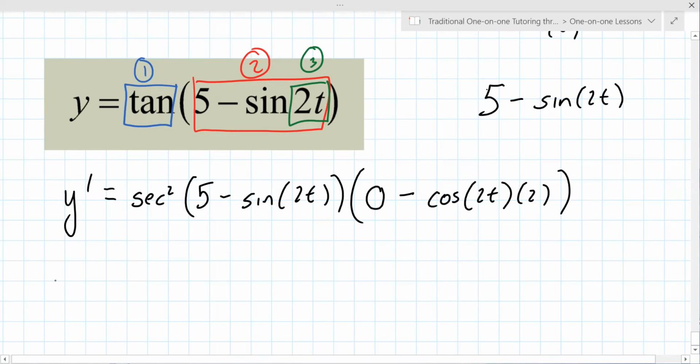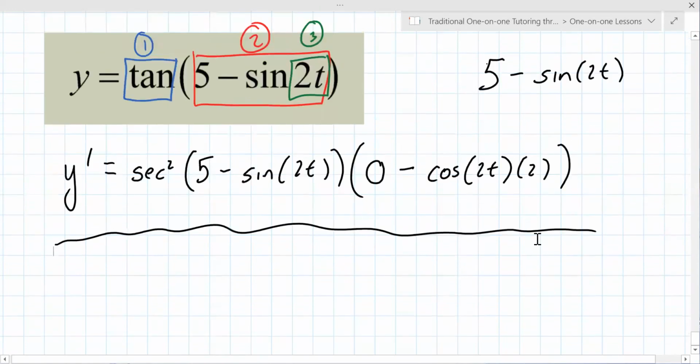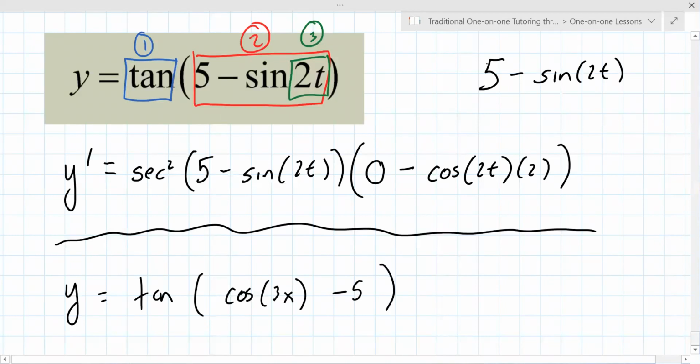Yes. All right, so let me give you one like this to try. And you just leave it like that. I don't think you need to spend a lot of time thinking about that. Okay. So let's do tangent of cosine 3x minus 5. Okay.